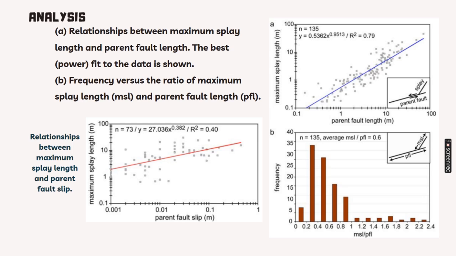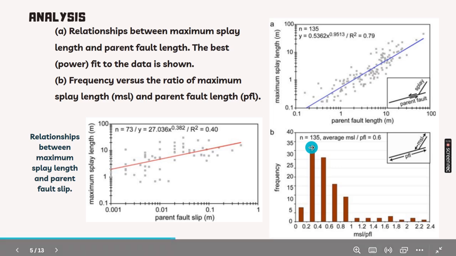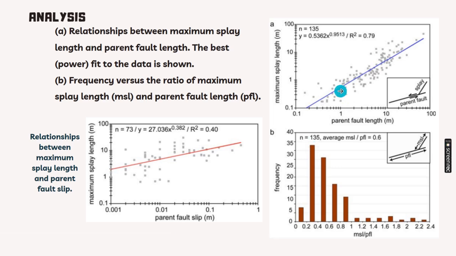So likewise you can understand the splay relationship. In general, after the histogram plot it is established that 0.3 is a very commonly observed phenomenon.